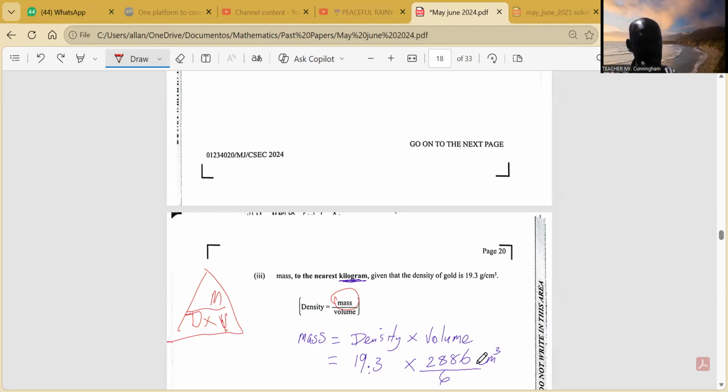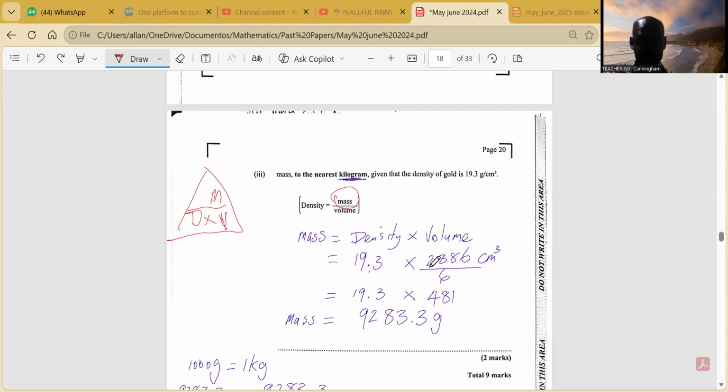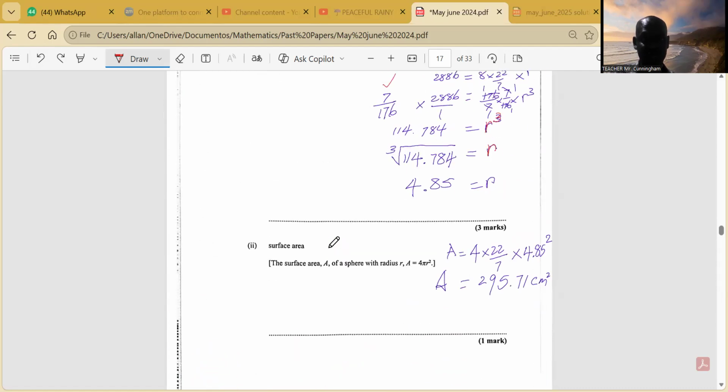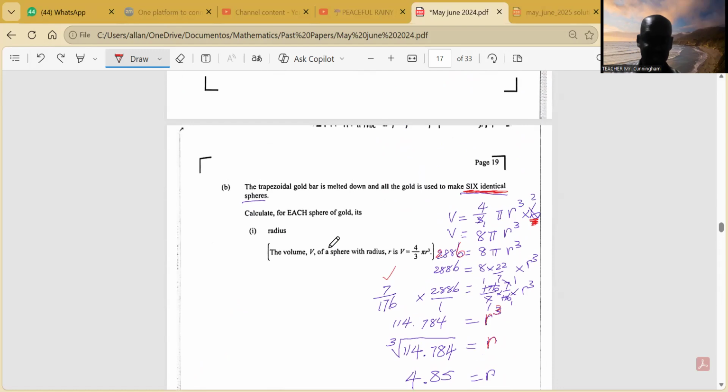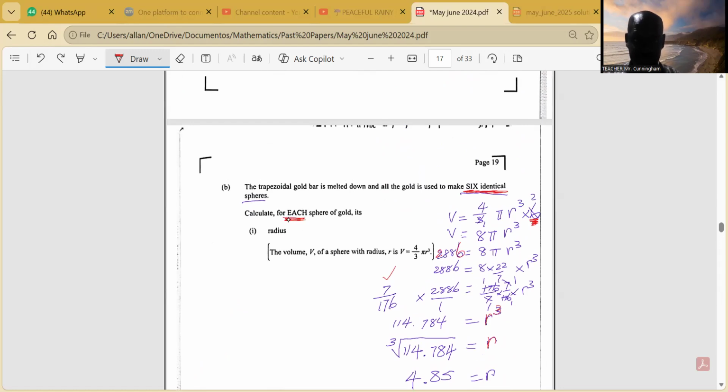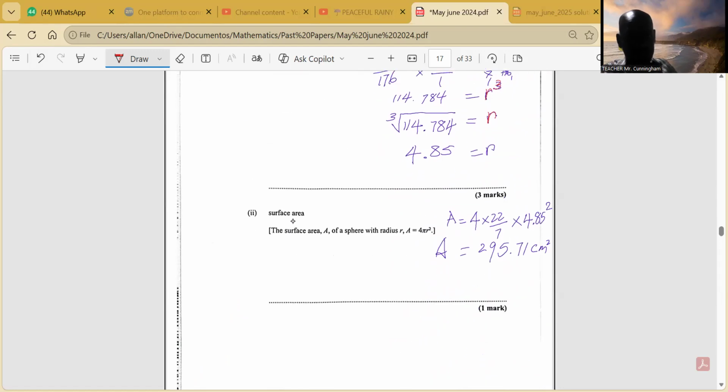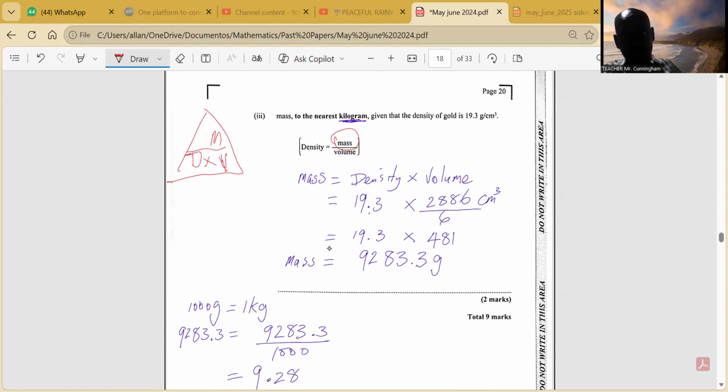I wasn't sure about this question. 2886, but there were 6 spheres and they only want the mass of 1. This is where it gets tricky. This is where each comes in. 1 bar. So if they want 1 bar, you have to divide by 6.